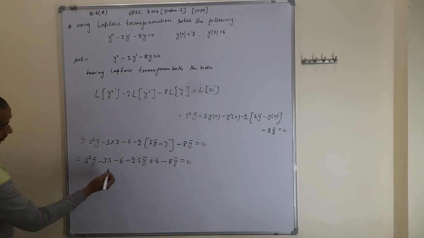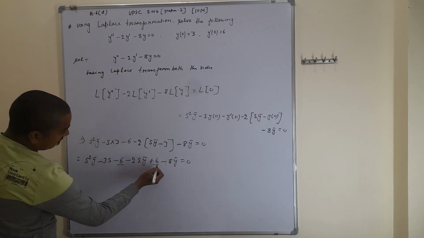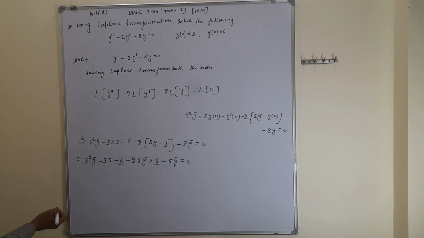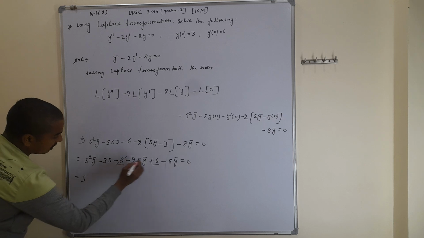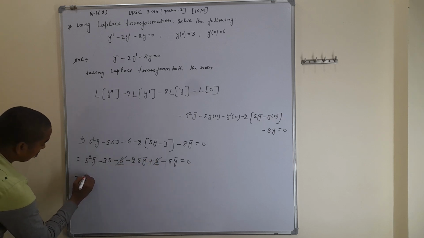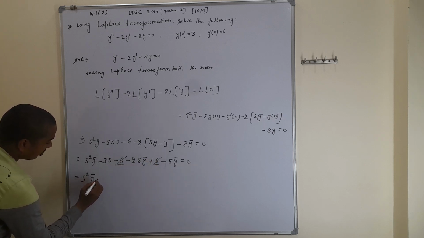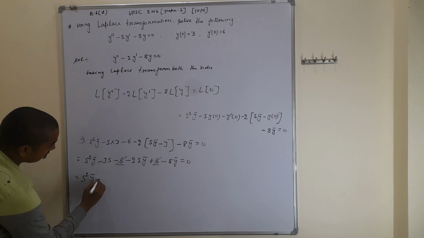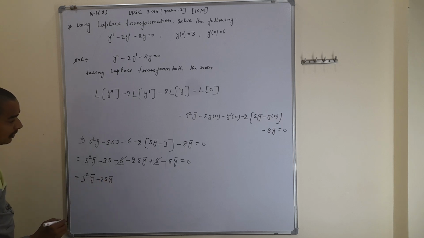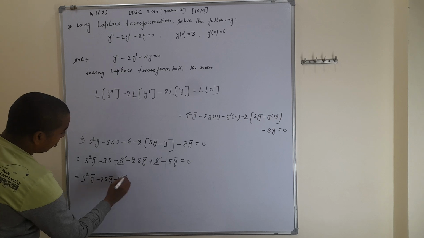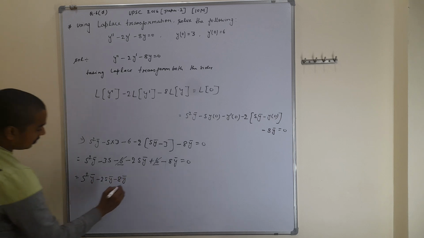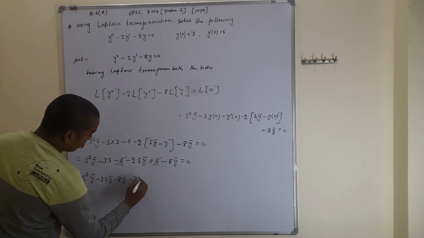Then minus 6 and plus 6 cancel out, so the remaining is s square y bar minus 2s y bar minus 8 y bar minus 3s is equal to 0.